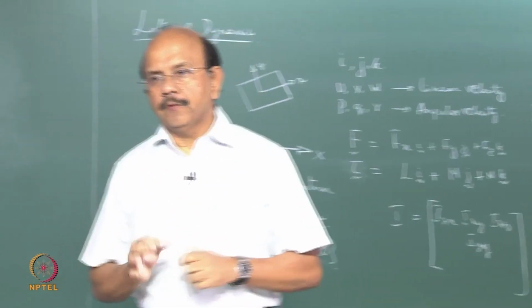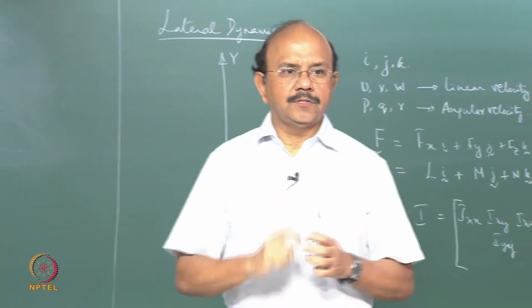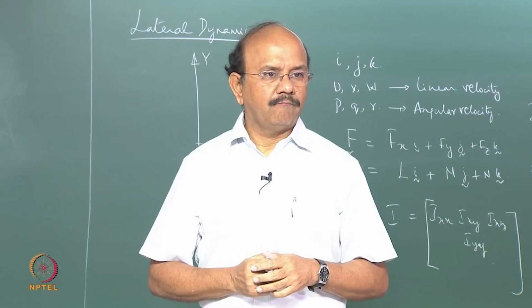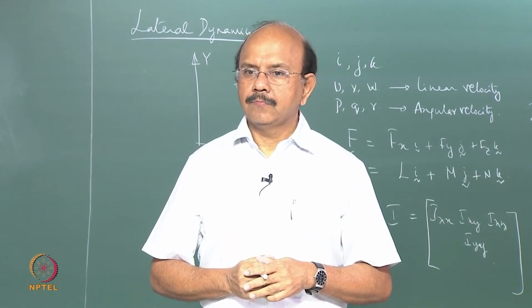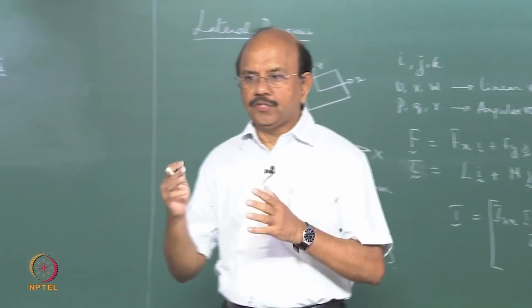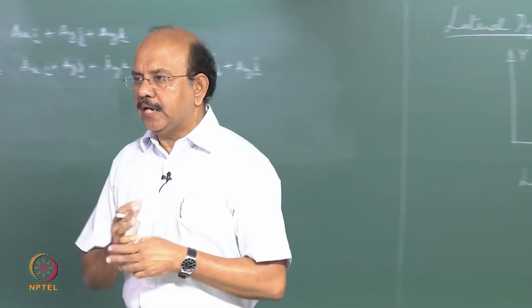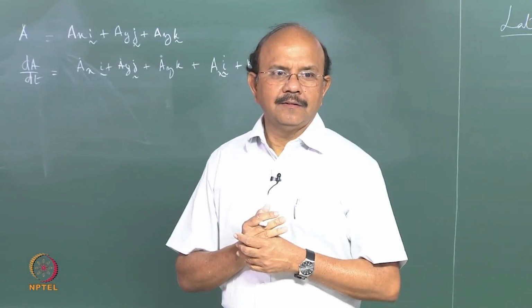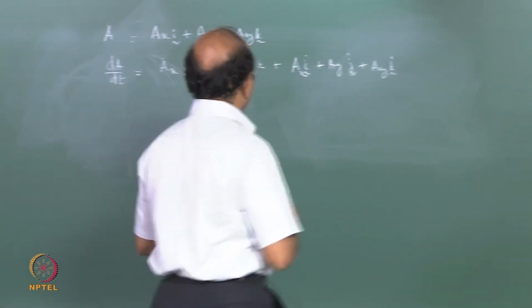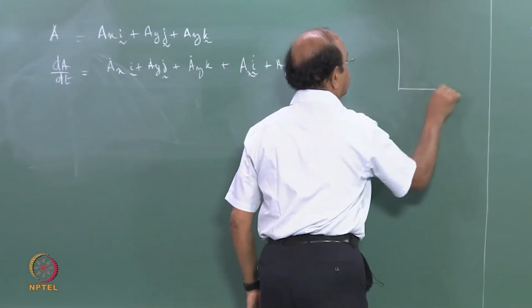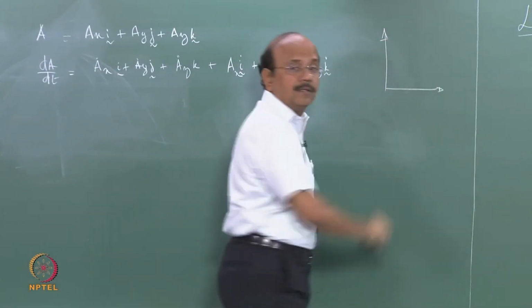All of you from fundamental dynamics know how to write i dot. How do I write i dot, j dot, and k dot? In other words, di by dt. You remember that in your earlier classes, you would have done this.